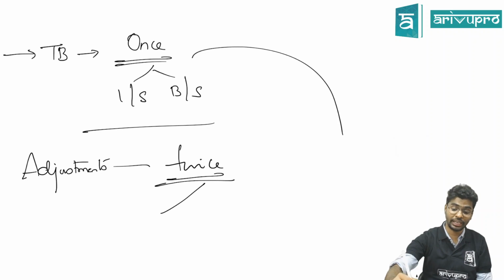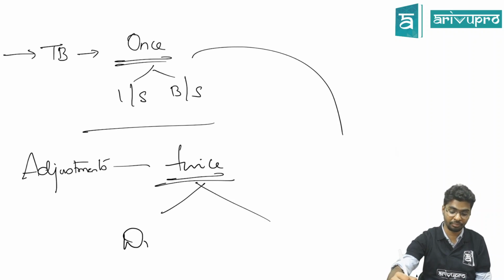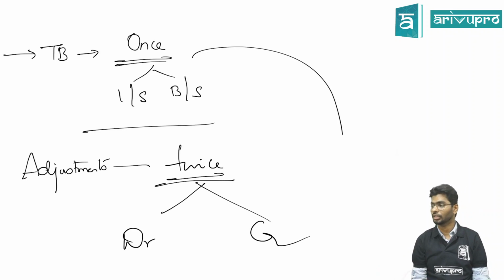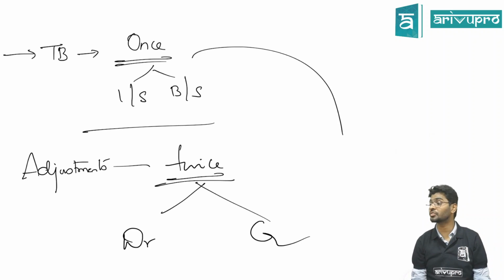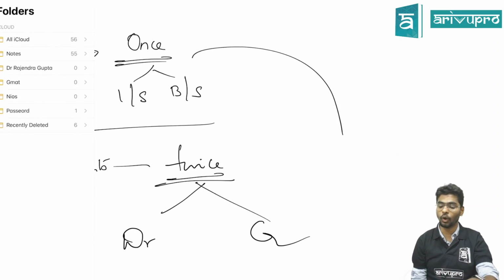That means you should give them an effect for one debit and one credit. Why? Because we are following which system of accounting? Dual accounting system, dual aspect. That means every debit should have a credit. Are you clear till here? What can be debit?